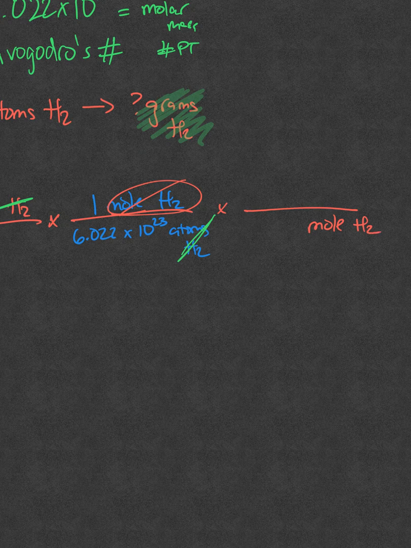We're looking for grams, so I'll put grams of H2 up here, and that's simply their molar mass. We know that for every 1 mole of H2, we look in the periodic table, and since 1 H is 1.01, and there are 2 of them in this case, your molar mass is 2.02.